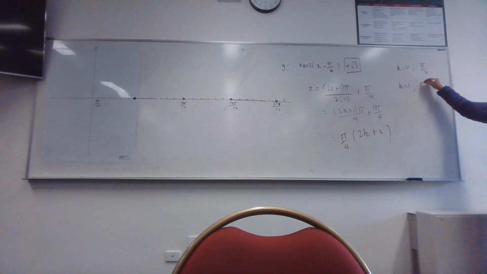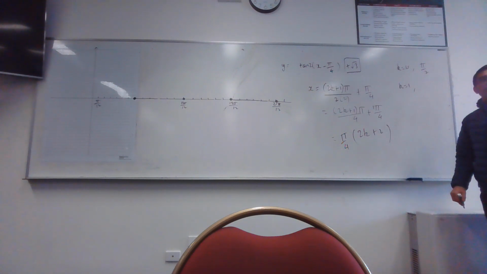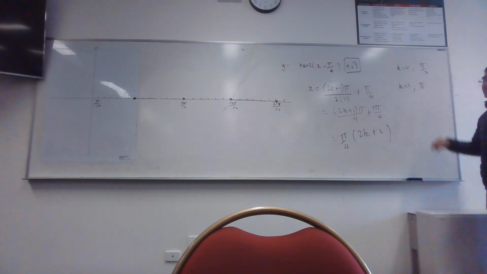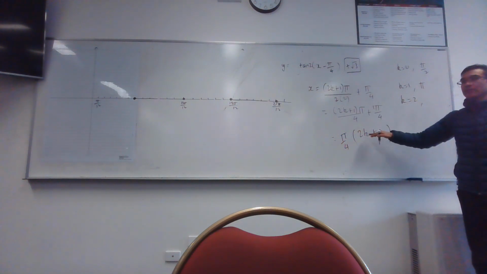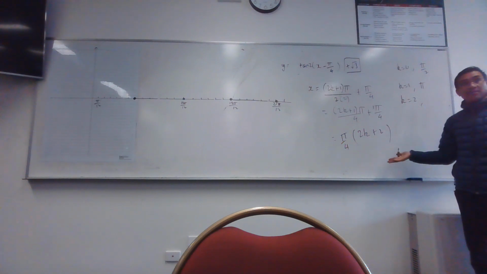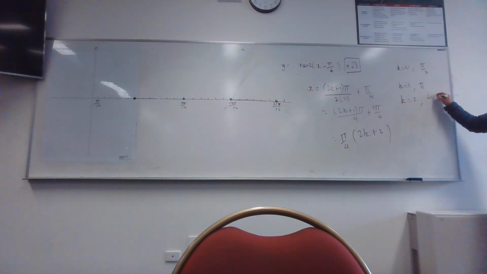Or 5 pi on 4? 2 times 1 is 2, plus 2. It's a 4 pi on 4. It's a pi. I was wrong. You were wrong, mate. And I was wrong. K equals 2. 2 times 2 is 4. 4 plus 2 is 6. 6 pi on 4 is? 3 pi on 2. Or 3 pi on 2. Okay.